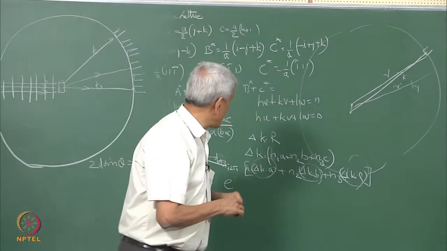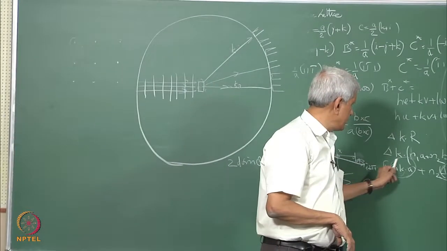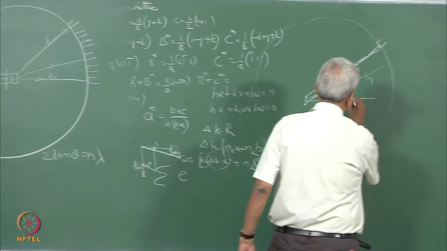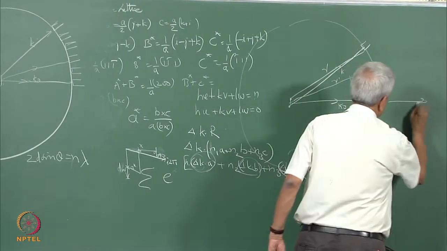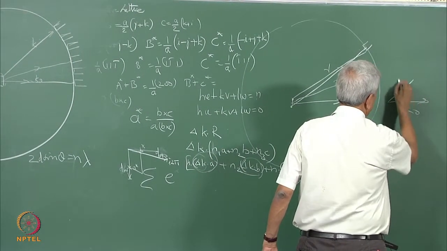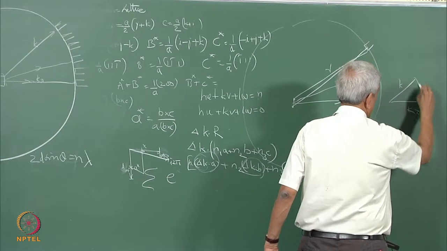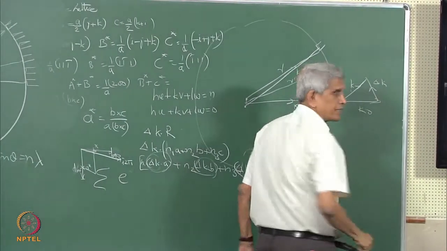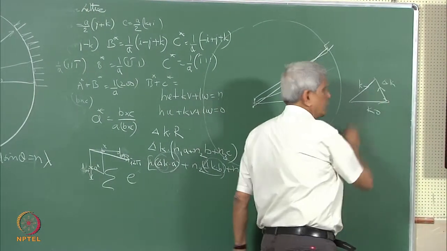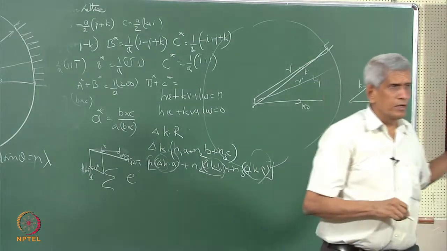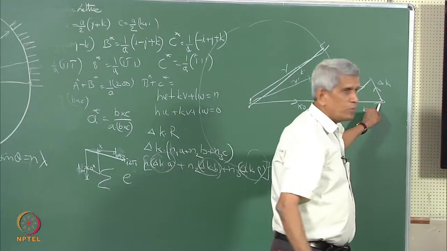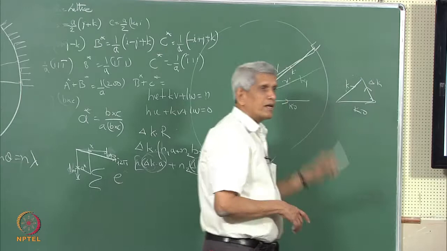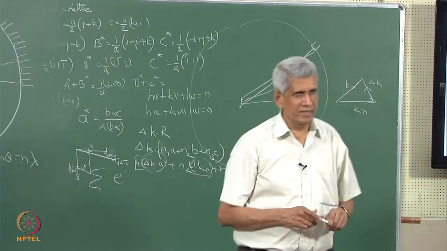The relationship is that this delta k which we have considered here is between, if this is k0, and if this is the direction in which you are scattering, k, this is what the vector will be, which is delta k, correct. But if this vector turns out to be a reciprocal lattice vector, then constructive interference will take place.